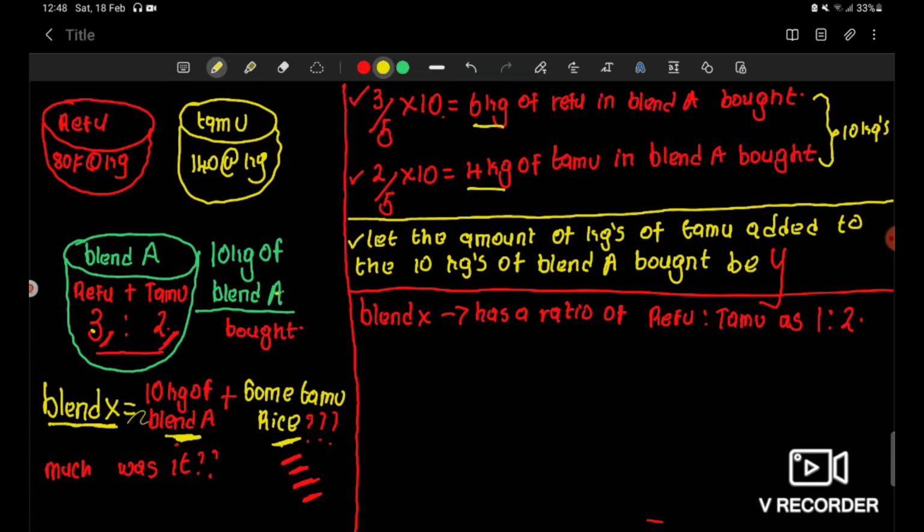Yes, we know the amount of kg of refu in blend X is 6 kg, since refu was not affected when he added some tamu rice. So we will say refu is to tamu will be 6 kg is to, what is tamu? Tamu will be 4 kg plus what was added, which is plus y. This should be equal to refu is to tamu in blend X, which equals 1:2. So why have we said 4 kg plus y?